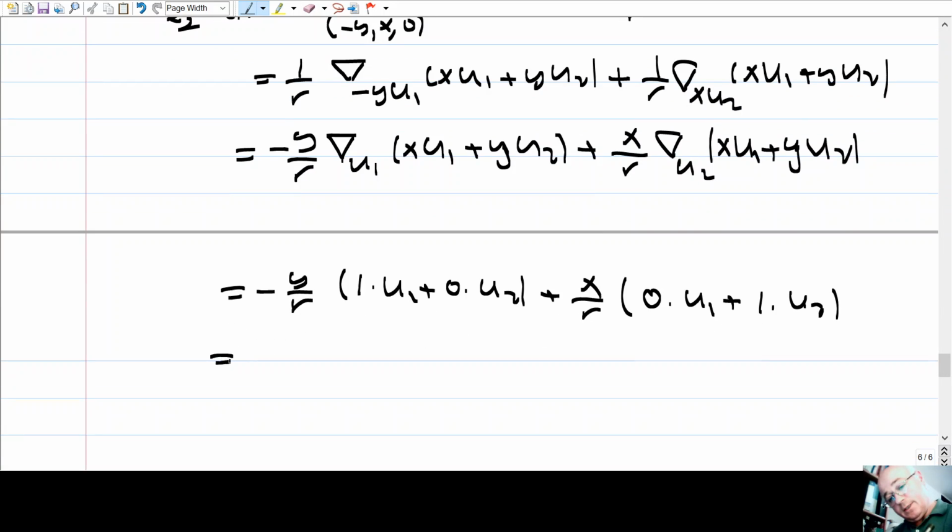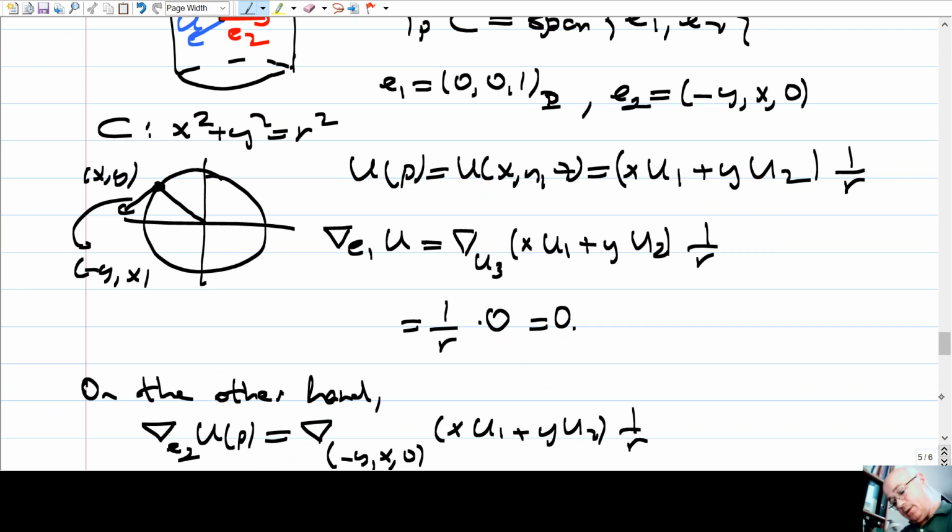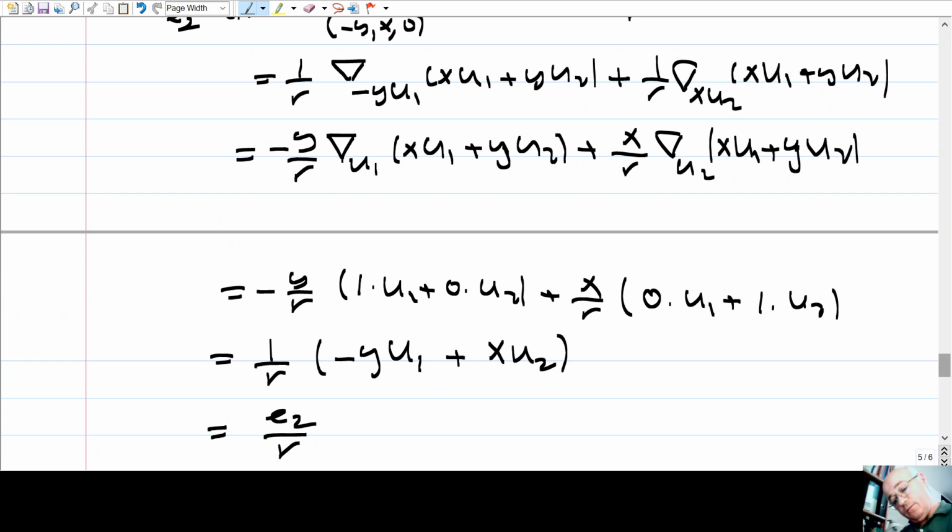So what we see is 1 over r times minus y U1 plus x U2. And what is this? This is nothing but the vector field E2, right? Because E2 was exactly that.